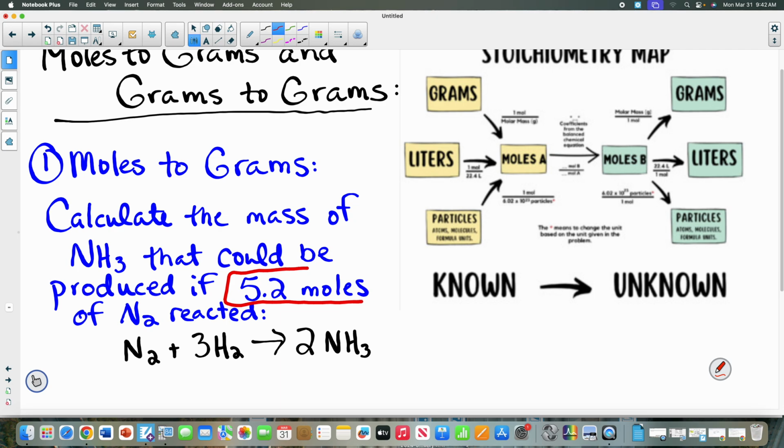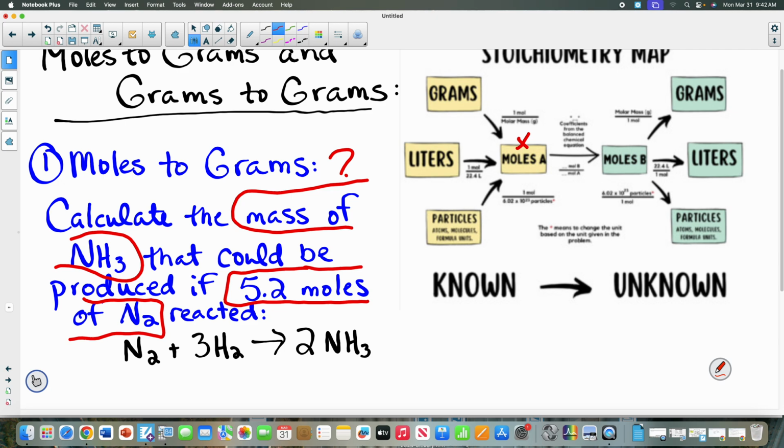Right, so 5.2 moles of N2. So that means we're starting here. We have moles of our starting substance. And what are we being asked to calculate? Mass of NH3. So that means we need to get here. So this is N2 and substance B is NH3.